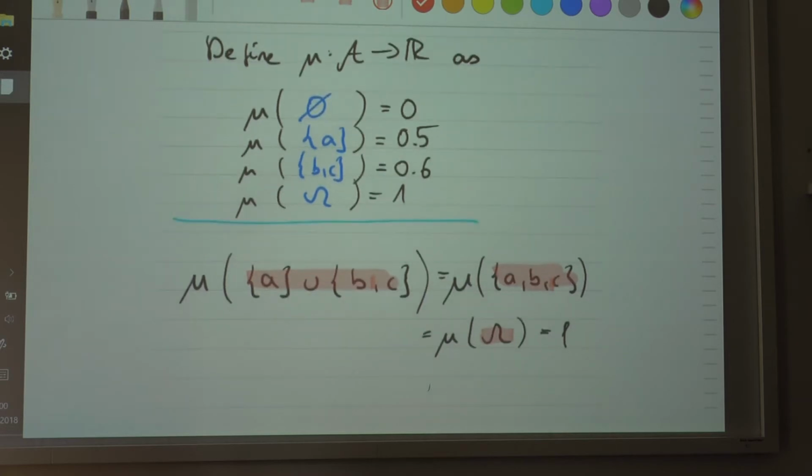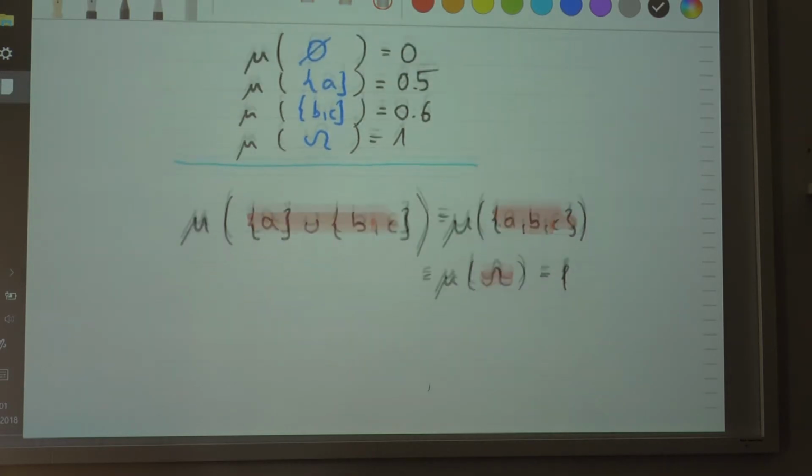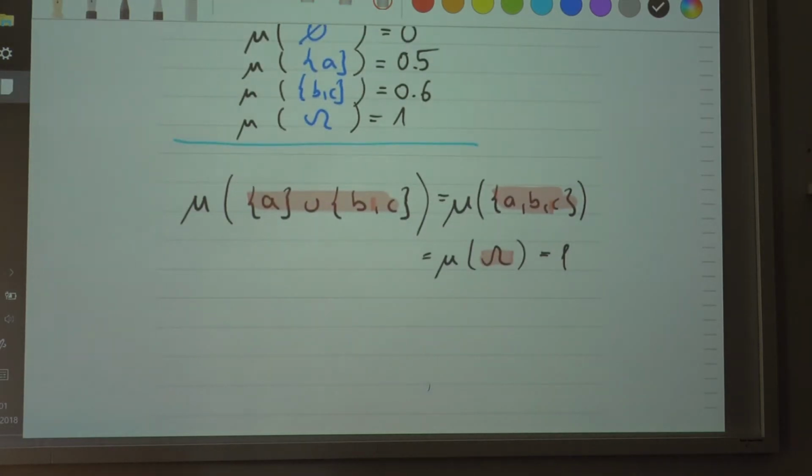All right, get that? So this is the union. But these sets are disjoint, right? Of course, this is something that we should add here, but these sets are disjoint. So what about the sum of the images of these sets?